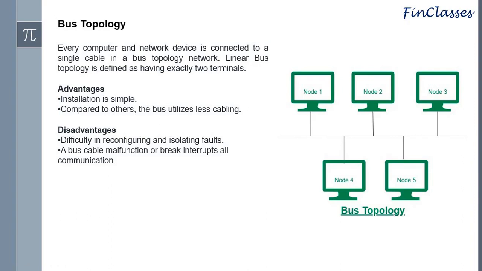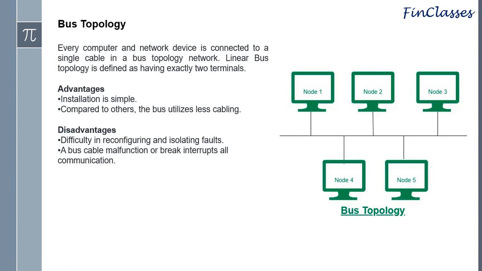To understand its advantages, installation is very simple. It utilizes very less cabling when compared to other topologies. We'll understand that. When it comes to disadvantages, difficulty in reconfiguration and isolating faults. So where the fault is existing, that becomes difficult to identify in such a bus topology.